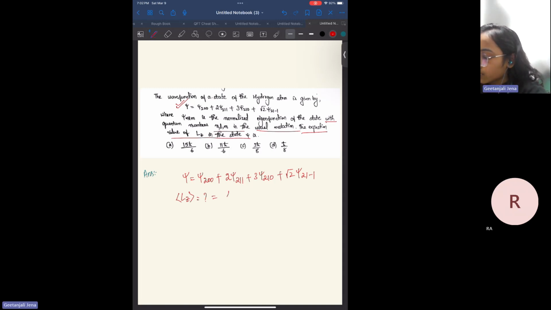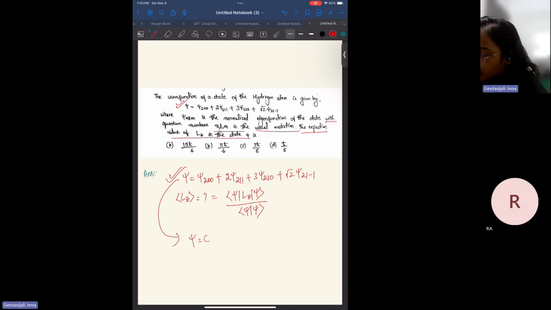So you know that the expectation value is nothing but <psi|Lz|psi> divided by <psi|psi>, right? First, you have to normalize this state. You see that it is not normalized. So you have to multiply it by a normalization constant that will give <psi|psi> equal to 1. That means c square times (1 plus 4 plus 9 plus 2) equals 1.